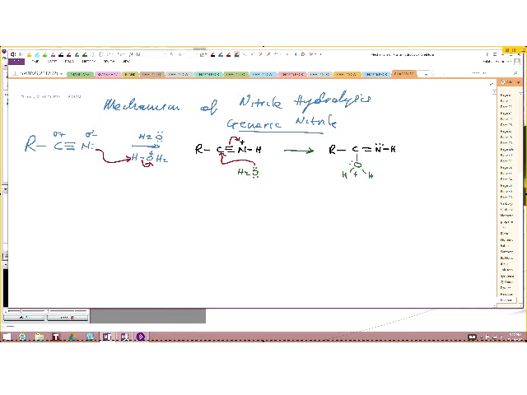Now this non-bonding pair of electrons on nitrogen will come in, once again, to grab this proton here, just as it did in this case, right? And then you release this pair of electrons to oxygen, and therefore we have this.